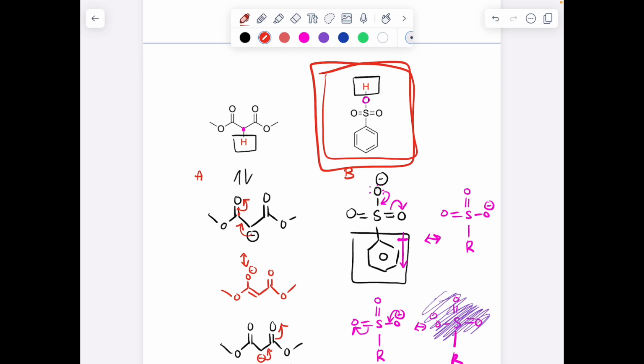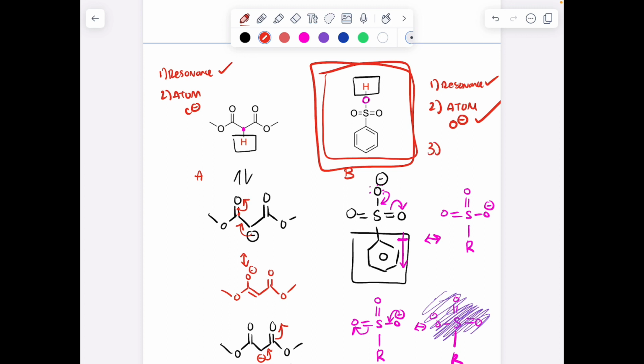And this mostly has to do with the fact that, okay, they both have resonance. Check. Resonance. Check. 2, we're going to look at, let's say, the atom. Okay, well, this one is on an O minus. Here, the atom is a C minus. Which one can better stabilize a minus charge? Well, the oxygen can. So better inductive forces there.